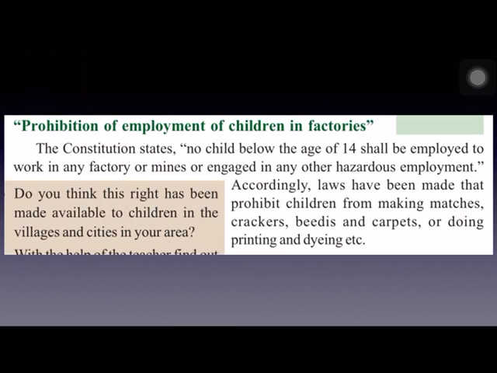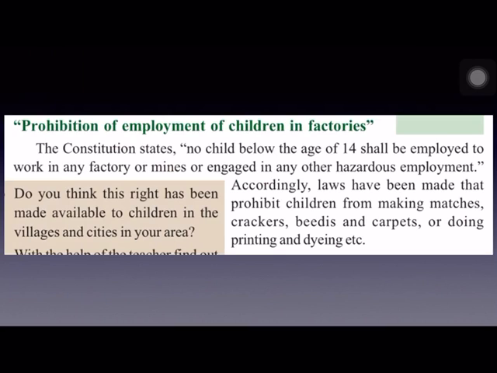Now, prohibition of employment of children in factories. Below the age of 14 years, children cannot be employed in factories where the work is dangerous. It is risky for children to be appointed in factories or any other hazardous works like mines. So, a law has been made by the Indian government prohibiting children's appointment in any such factories or hazardous works.